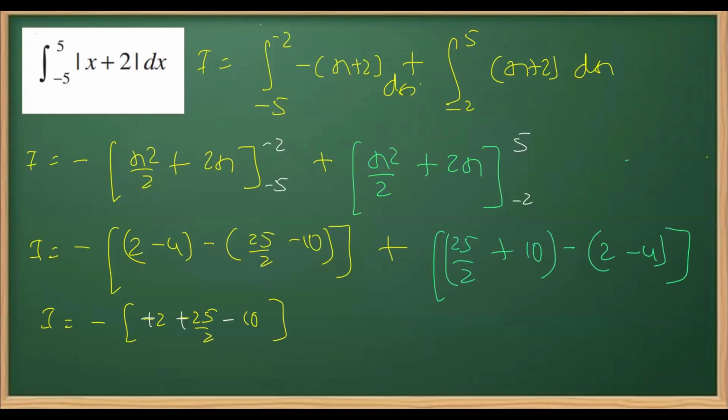This way we can shorten the working. Plus, if I open these brackets here, this is 25 over 2 plus 10, and this is minus 2, but there is a minus sign before it, so it's going to be plus 2. Now minus 10 plus 10 get cancelled. And at the end, it is 2 plus 2, which is 4.